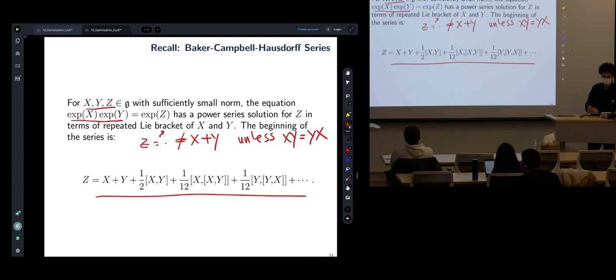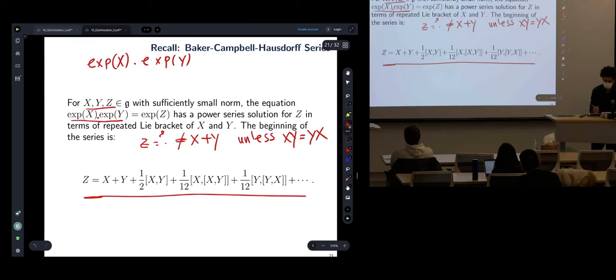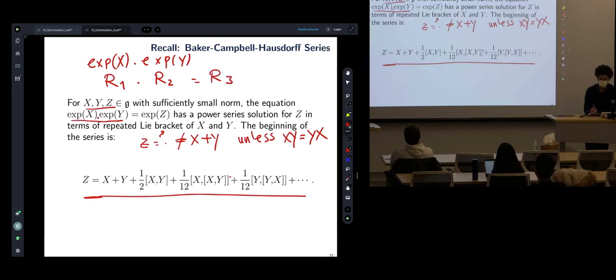The answer is that we can't directly work in the Lie algebra to capture something like matrix multiplication on the group. Because ultimately, the exponential of X times the exponential of Y is some R1 times R2. We're multiplying two matrices, let's say rotation or rigid body transformation, and it's interesting that this will be another rotation matrix.